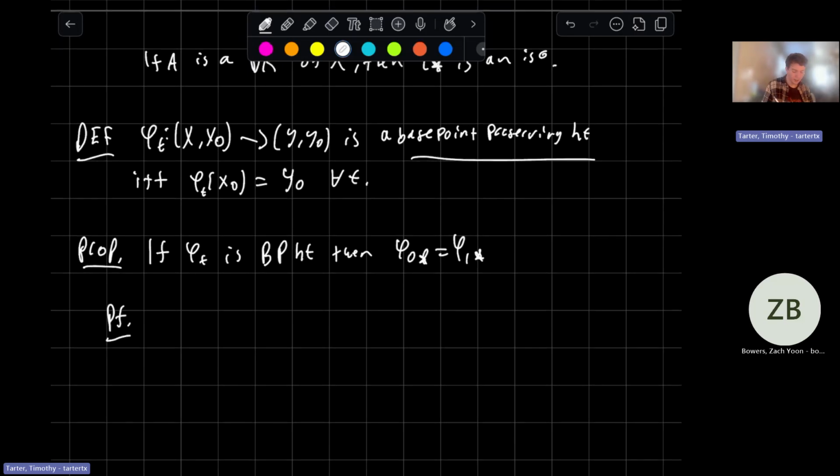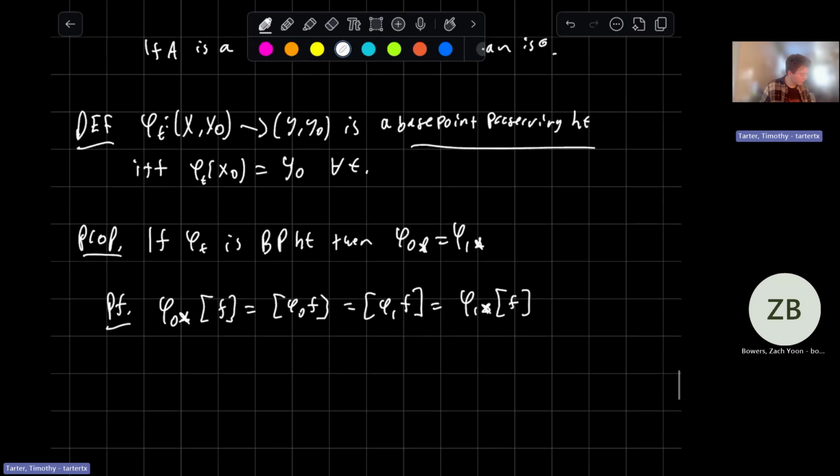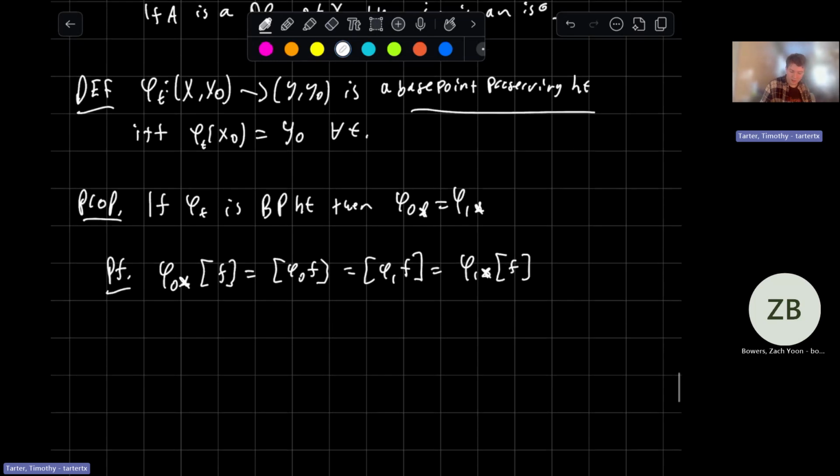And a short proof is that phi 0 star of f is equal to phi 0 of f, which is equal to phi 1 of f, which is equal to phi 1 star of f. And this one comes from this condition.